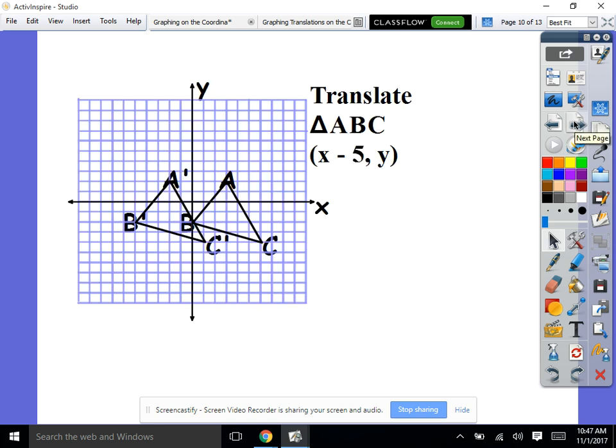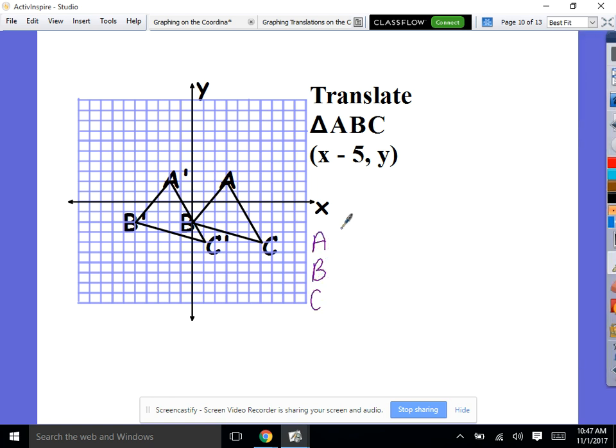Let's try another one to see if it works. We have triangle ABC. A is positive 3, positive 2. B is 0, because we didn't move left or right, and negative 2.